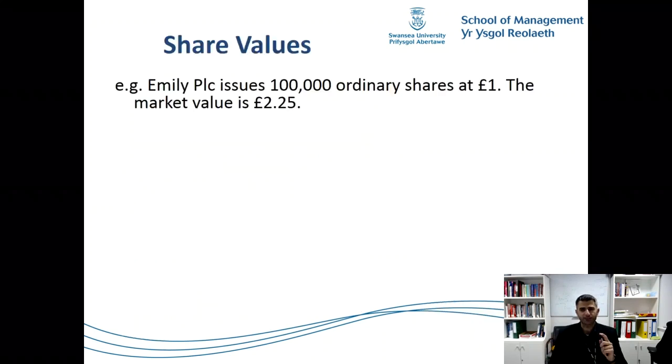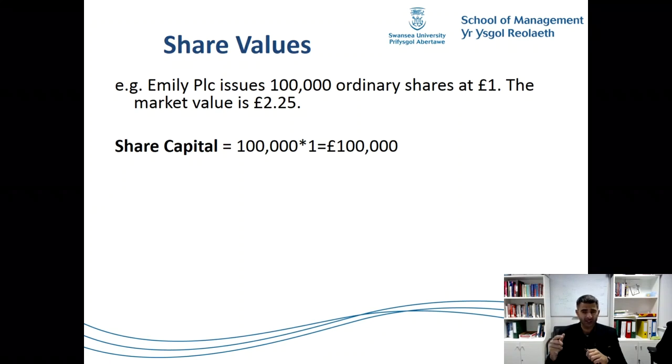Okay, let's have a look. If we take this example, Emily PLC issues 100,000 shares at £1 each. At £1 each. Okay, so when you say £1 each means it's a nominal value. Yeah, nominal value. The market value is £2.25 per share, right?